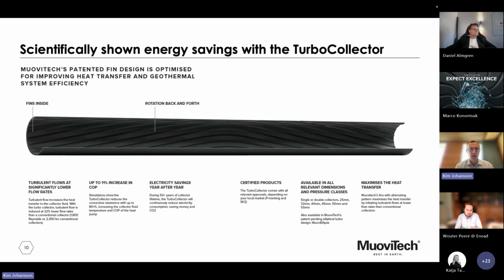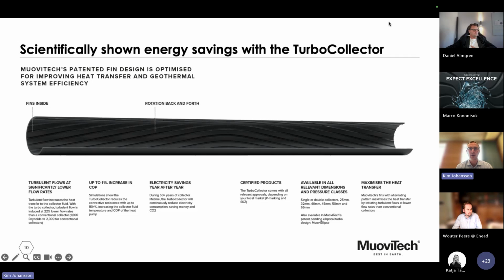So if we summarize this a bit, the TurboCollector creates more turbulent flows at significantly lower flow rates, and it increases the COP of the system. And increasing the COP of the system, of course, gives the benefit to the customer that they could save on their electricity.